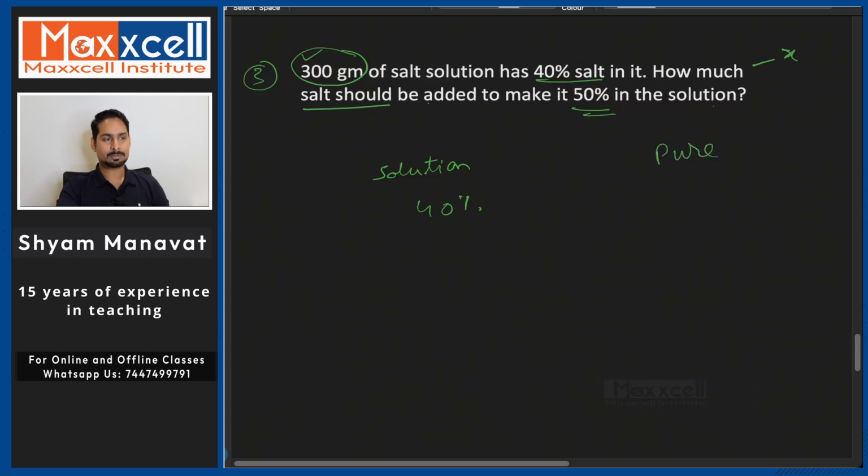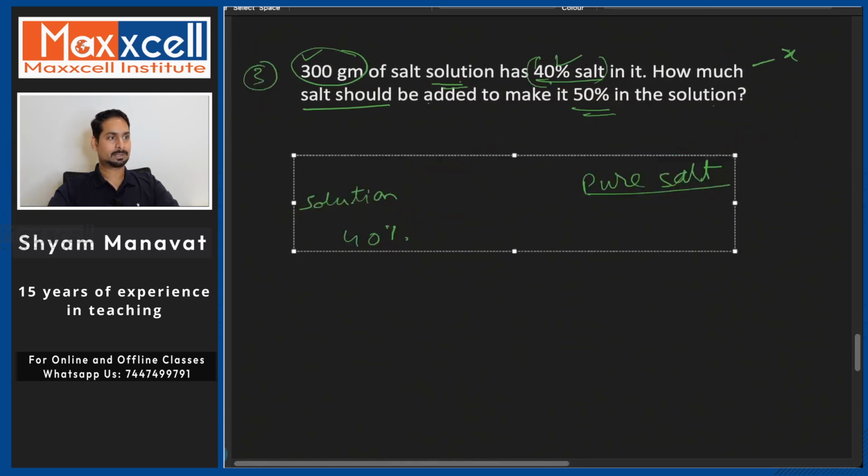So it will be pure salt, right? Now tell me, what is this 40%? This 40% is the concentration of salt in the solution. Now you are adding pure salt into that.